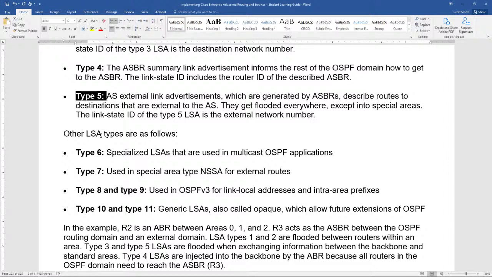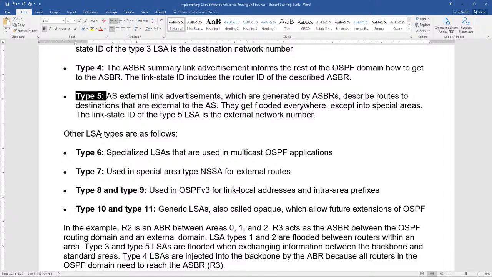A type 5 LSA describes the external networks, those redistributed networks from an external routing domain. The type 4 LSA describes the ASBR. You would never have type 4s without type 5s; type 5s always result in the generation of type 4s.